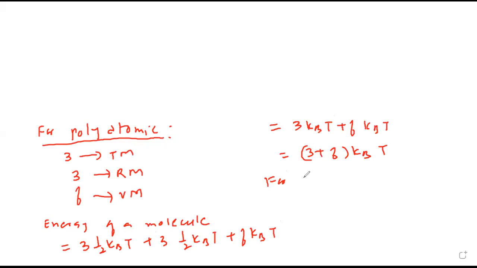So for 1 mole, energy is (3 plus F) R by NA into T into NA.